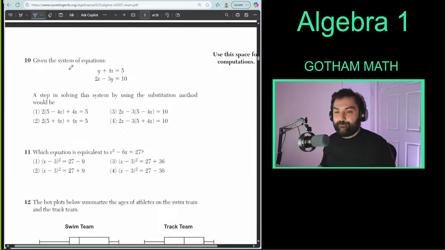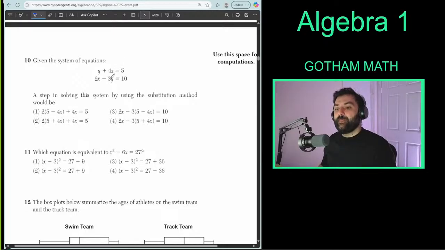10. Given the system of equations, a step in solving the system by using substitution method would be... Substitution method is when we substitute something into something. Okay, so what are we dealing with here? The parentheses is probably something that has been substituted.